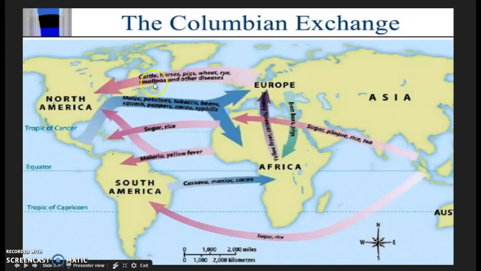Diseases like smallpox in particular would completely wipe out American tribes because the native peoples did not have any natural immunity to European diseases. So once Columbus and other Europeans followed and introduced these diseases, it decimated entire tribes.